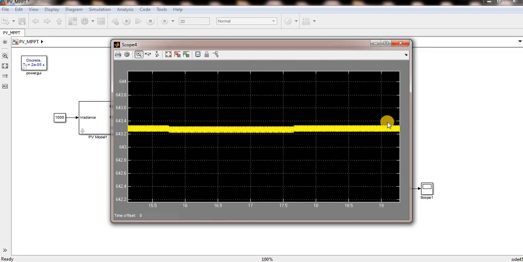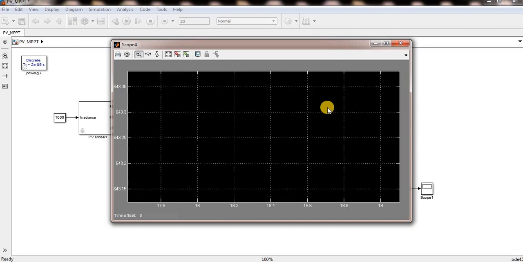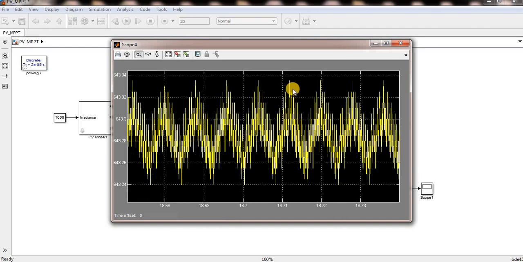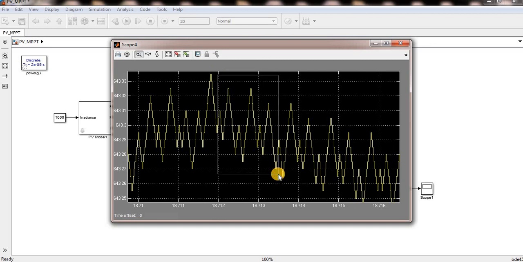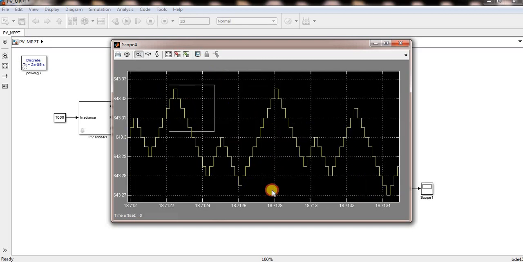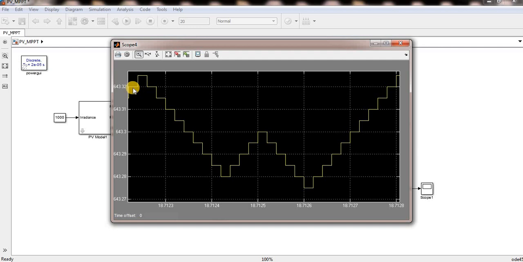If we are taking 10 volts as a step voltage, then what will happen? Let us assume we are considering 10 volts as the step voltage. The problem is it will take a 10 volt step, minus 10 volts, and maybe 100 volts it will reduce, maybe 100 volts increase, maybe 100 volts reduce.